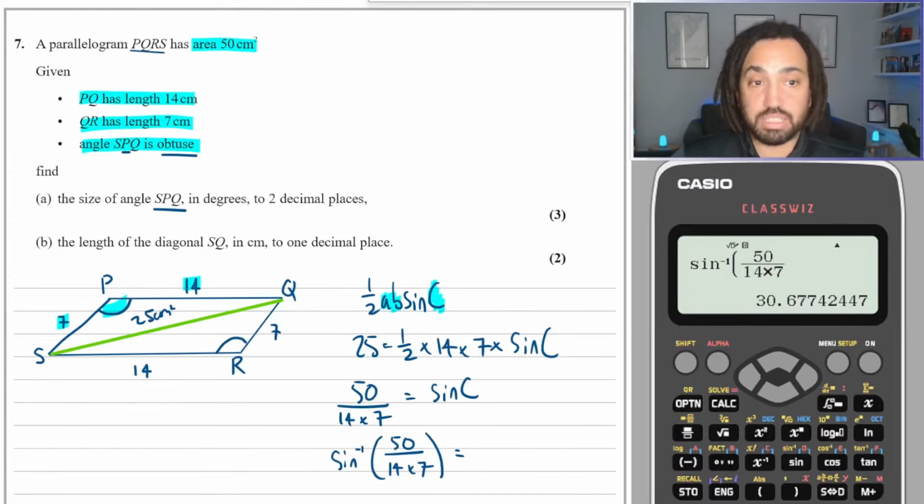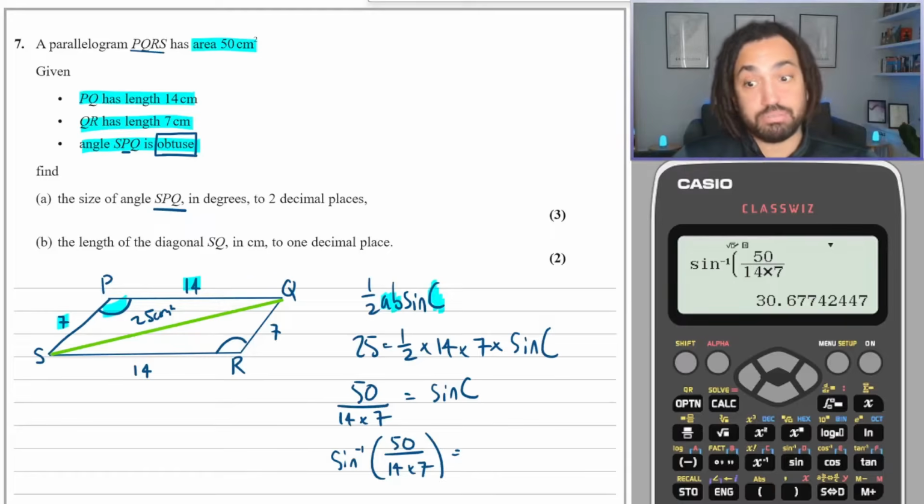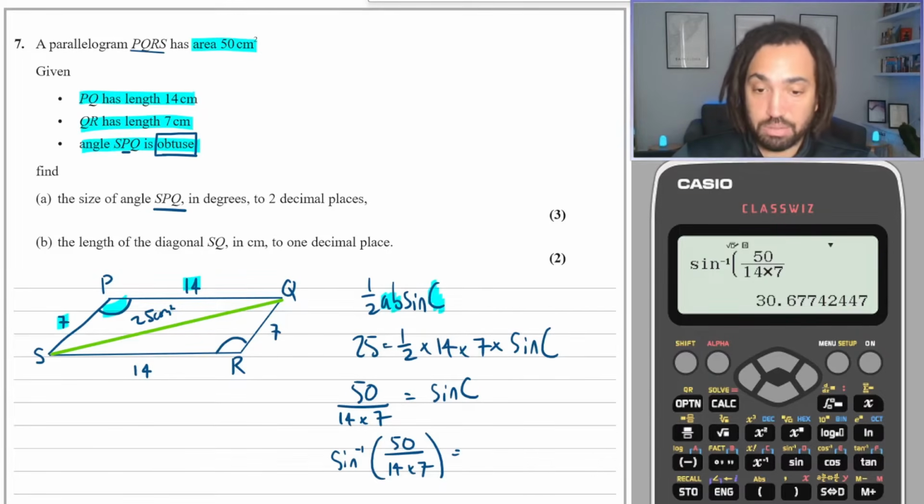30.68 to 2 decimal places. Okay, now that's an acute angle because your calculator will only give you an acute angle when you are doing sine to the -1. So, with that said, you will need to find the obtuse angle, and you can do that by finding the second solution for sine, which is 180 minus. So this gives you 30.68.